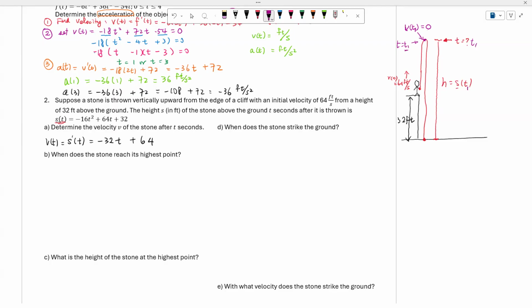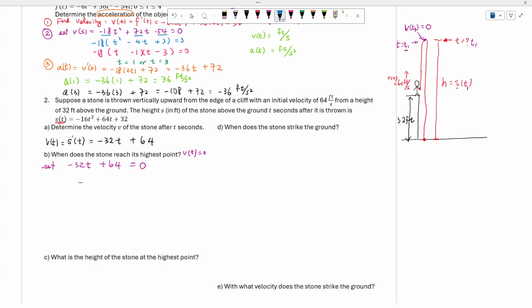So what I need to do is set v of t equal to 0. So I'm going to set negative 32t plus 64 equal to 0.